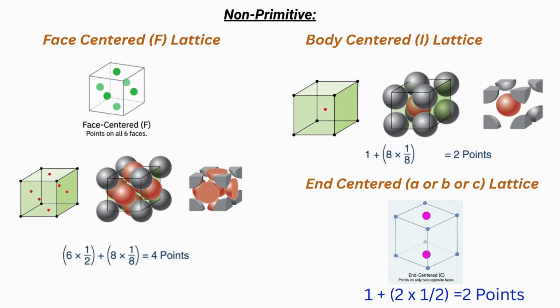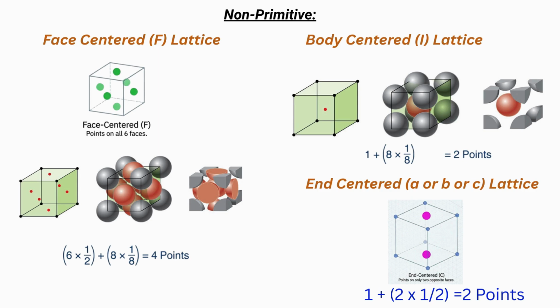So this is the representation of non-primitive lattices. Already we discussed there are 3 different types. Similar to the primitive one, here also, in addition to the corners, there are points at the face centers. If all the faces contain points, then it is called face center. If the points are only at the opposite faces, then it is called end center.